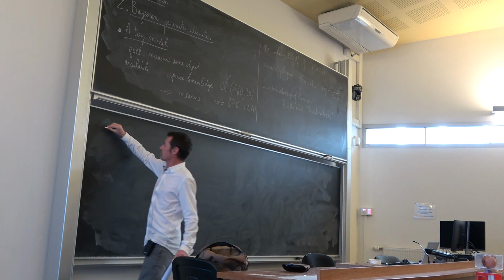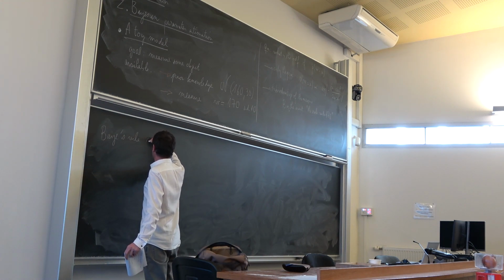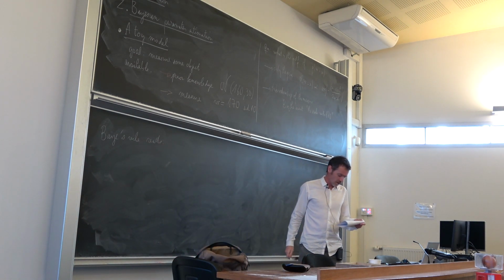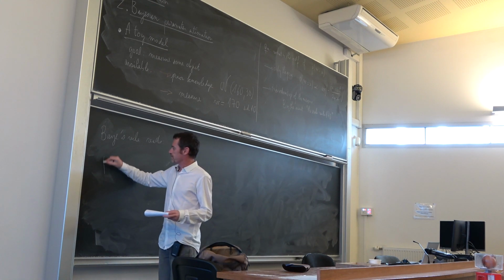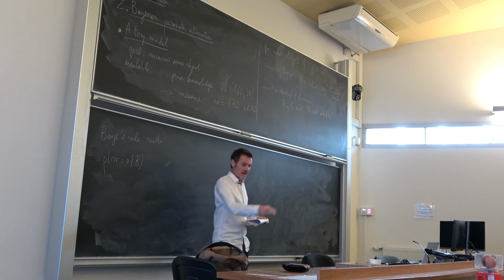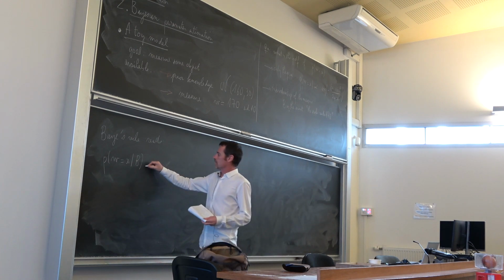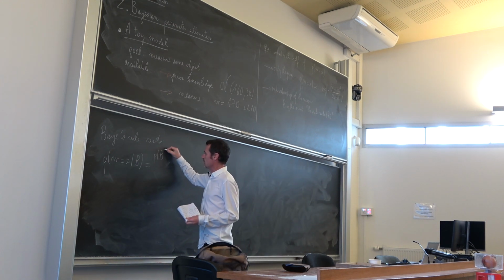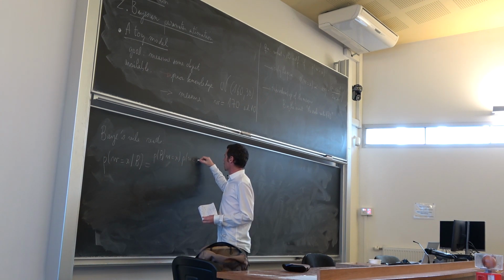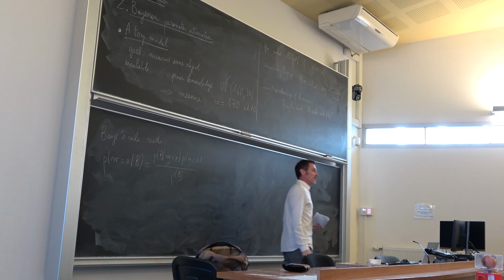Bayes rule. Everybody knows this. The probability that my weight equals x, knowing that my scale gives 170 grams, is equal to the probability of B, knowing W equal x, multiplied by the probability of W equal x, divided by P of B.